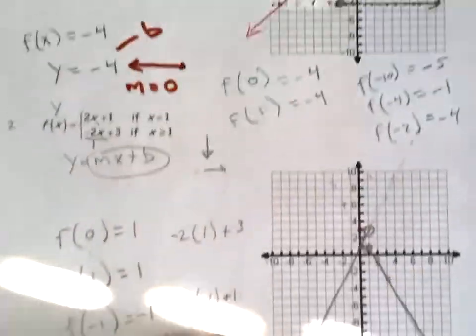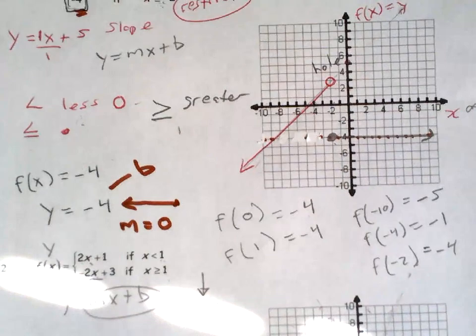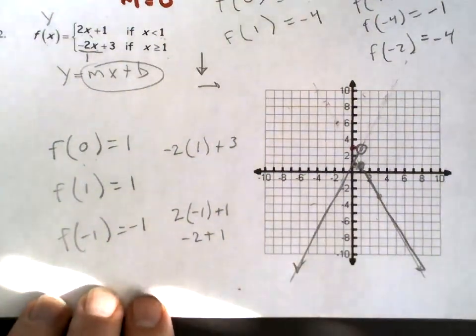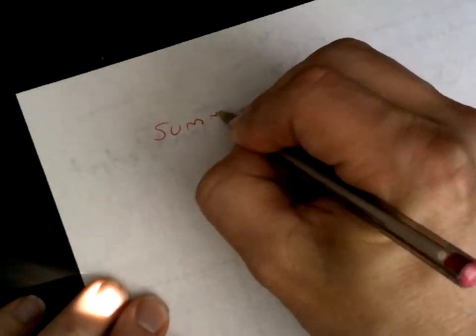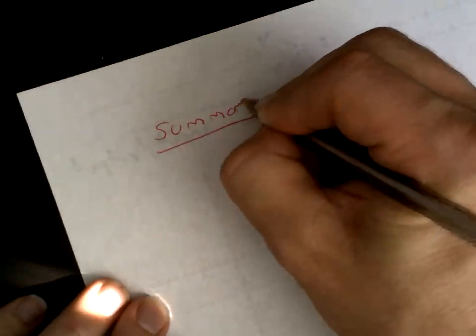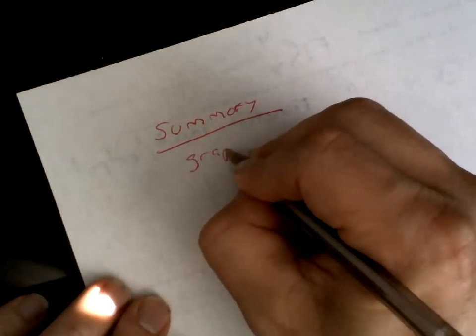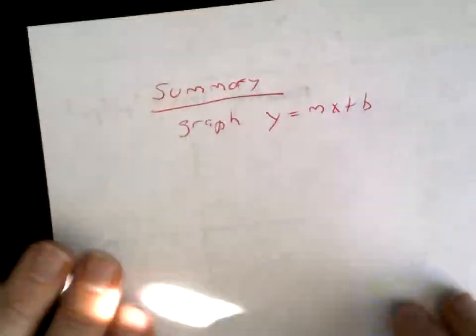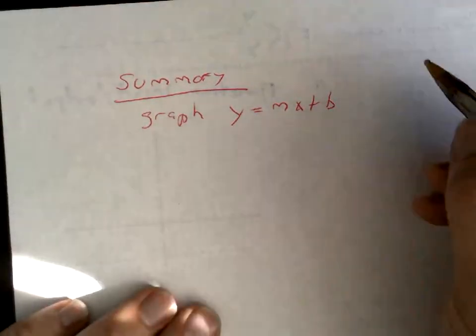And I'm hoping that this is helping you out a little bit. Like I said, it's hard because, one, you got to know your graphs. So for a little summary on this, it's the graphs that you got to know. And a lot of the times it's y equals mx plus b, for lines and stuff like that.